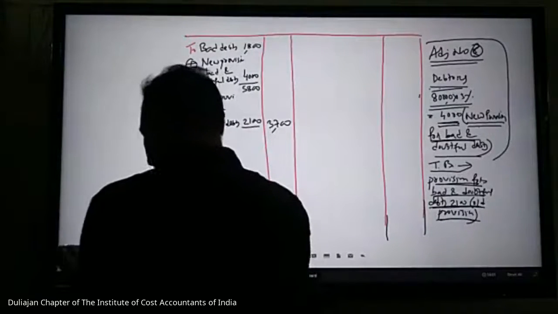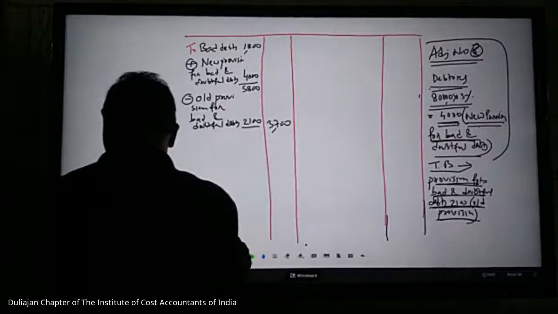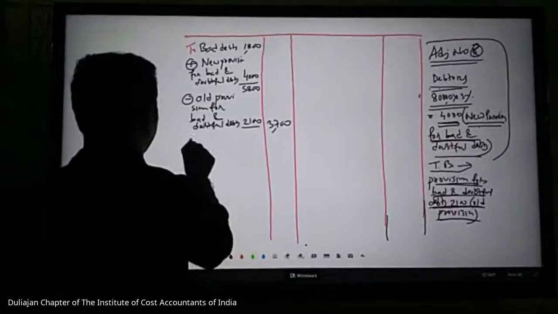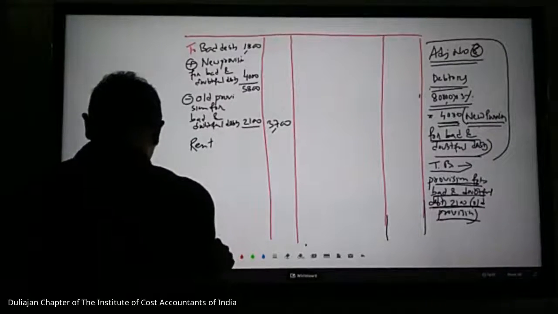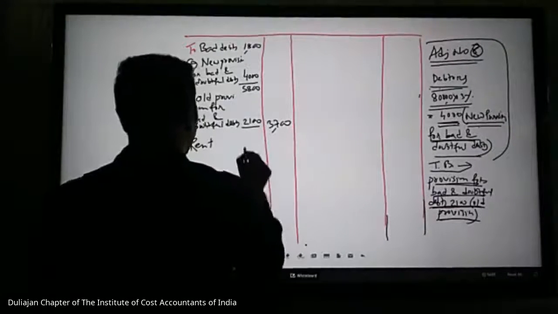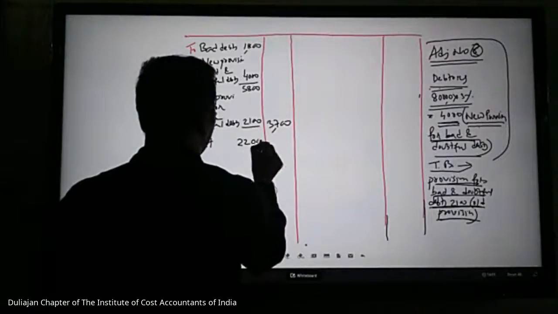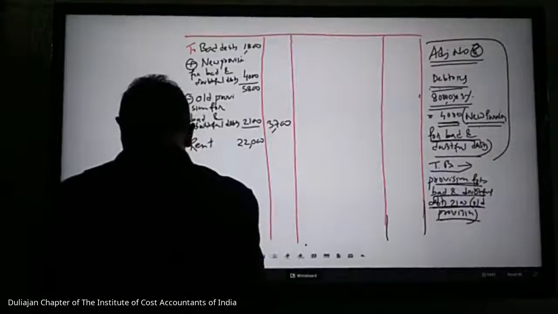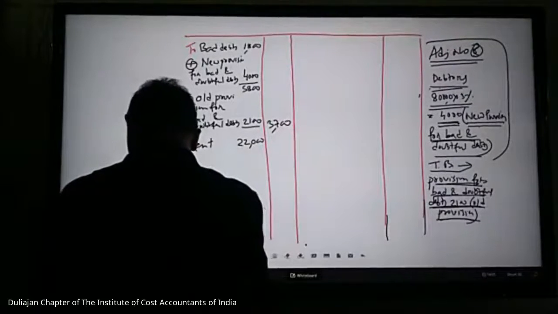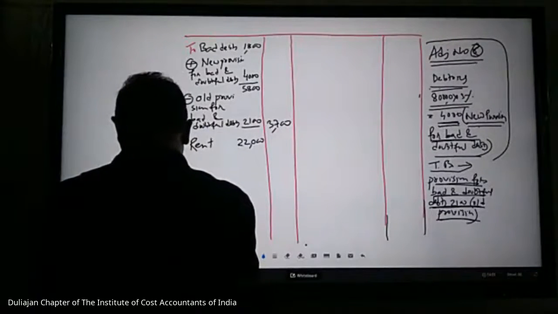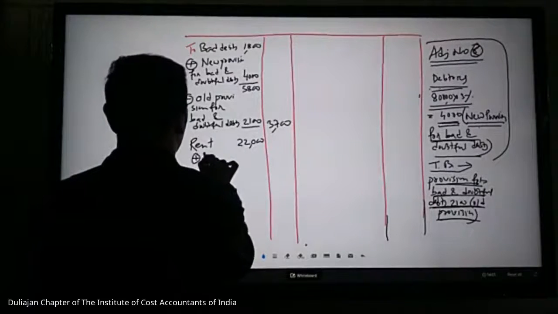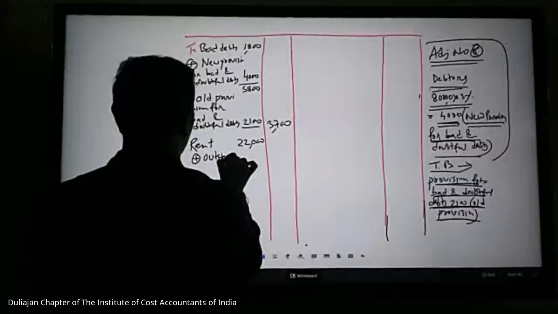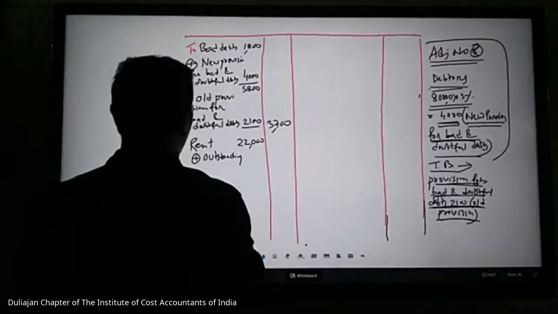Next, rent. Rent in the trial balance 22,000, and outstanding. How much outstanding?